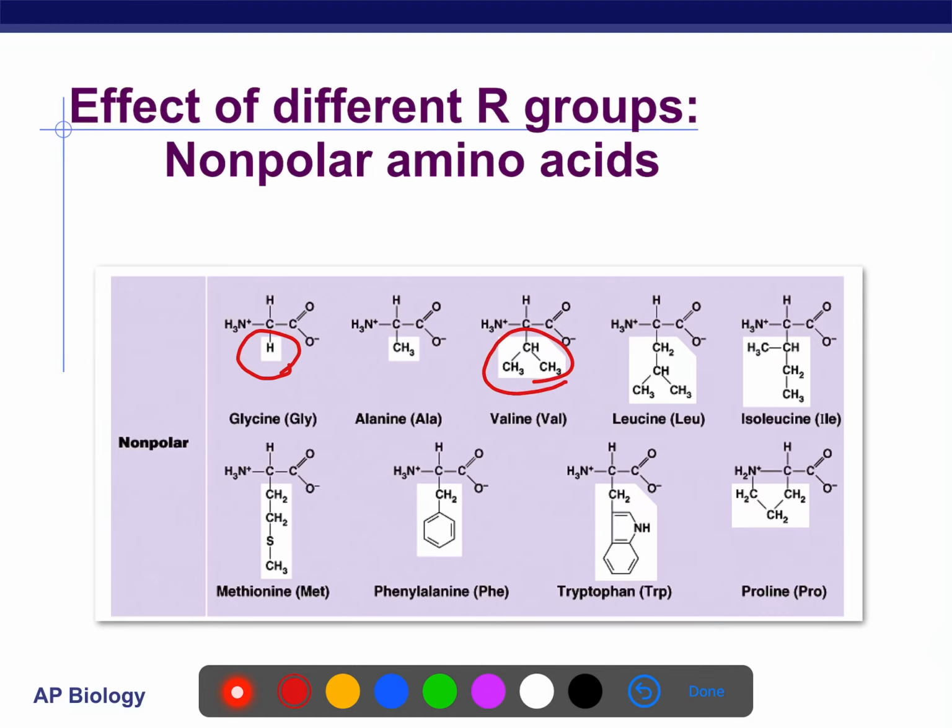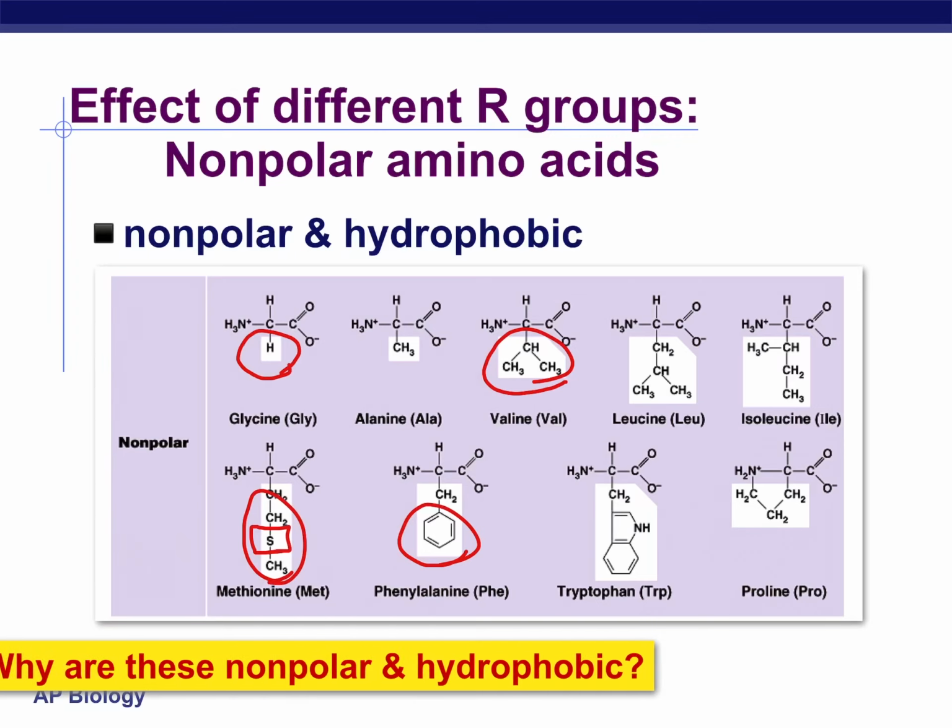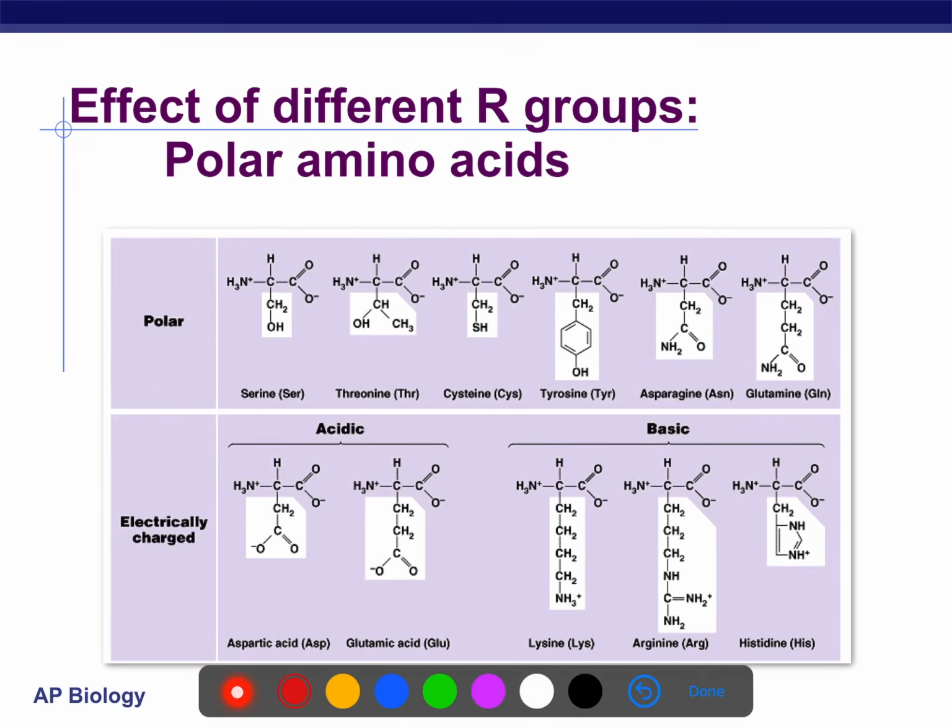Single hydrogens, carbons and hydrogens connected together, carbon rings. Here we have a sulfur in there, but again, the sulfur is part of this longer carbon chain. So we're thinking of things that usually have nonpolar covalent bonds. And so that's why these amino acids are going to be deemed nonpolar.